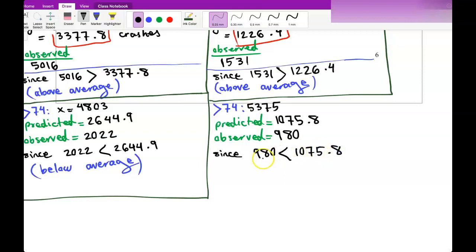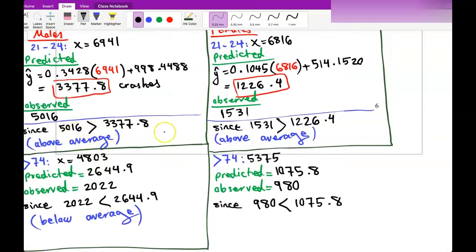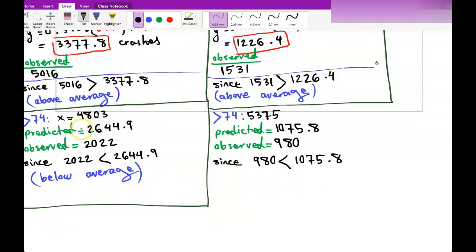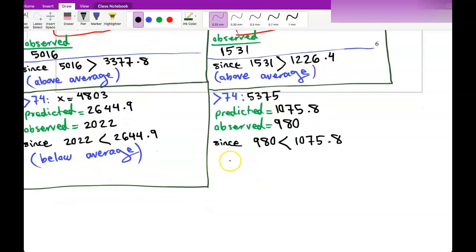See, if you notice, I always started with observed, and then on the right side I have predicted, and then see if you have greater than or less than. When you have greater than, that is above, and when it's less than, it's below. So here again we have below average.